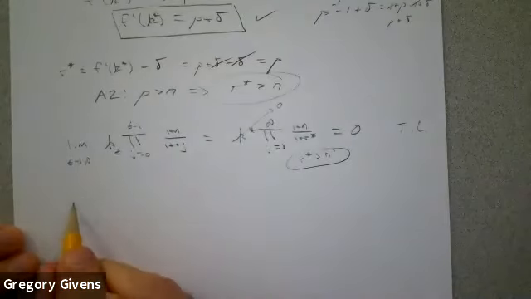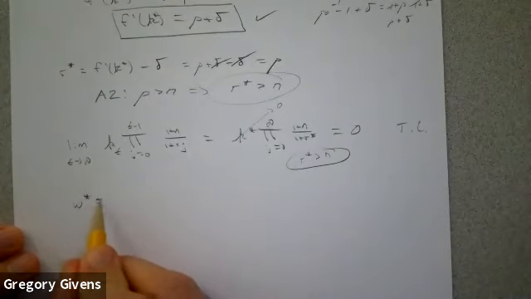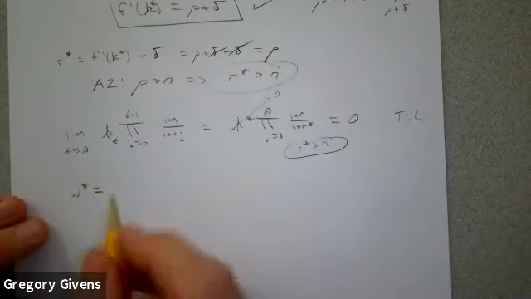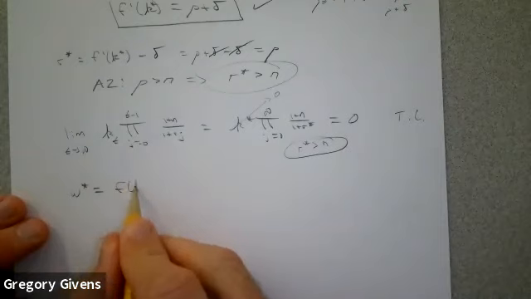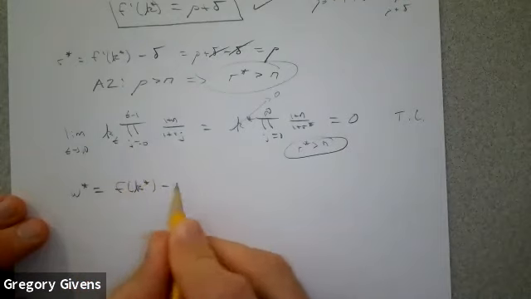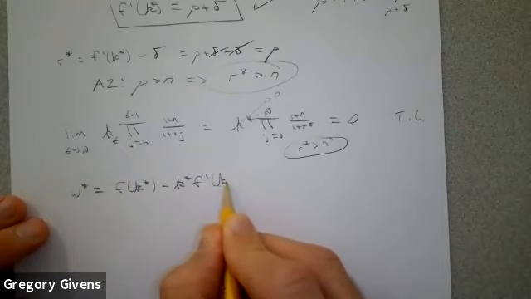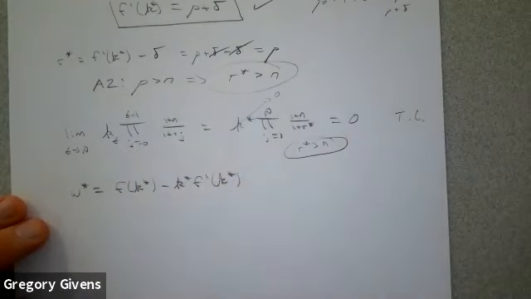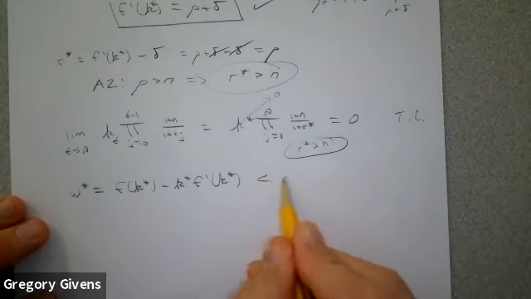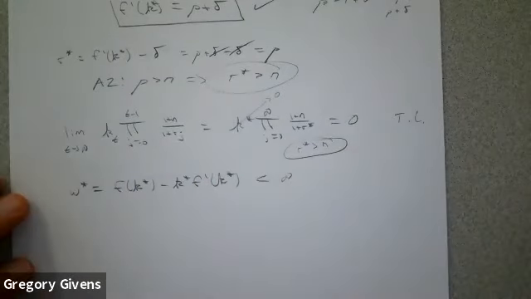What is the steady state value of the real wage here? Well, that's just f of k star minus k star times f prime of k star. That'll be some finite value.